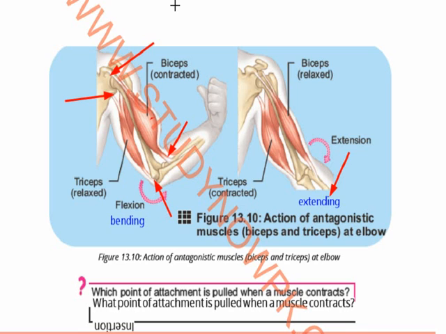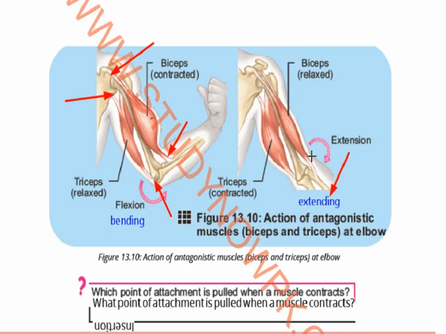So during flexion of the elbow joint, the triceps muscle relaxes. Here the biceps is contracted and the triceps is relaxed, but they are antagonistic. When the extension takes place, the biceps are relaxed and the triceps are contracted. This is the mechanism of the movement of the elbow, and this action is known as antagonistic action. The example is biceps and triceps.